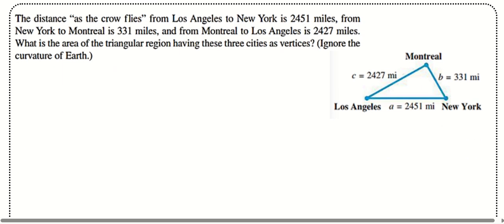It says the distance as the crow flies from LA to New York is 2,451 miles. From New York to Montreal is 331 miles, and from Montreal to LA is 2,427 miles. What is the area of the triangular region having these 3 cities as vertices?